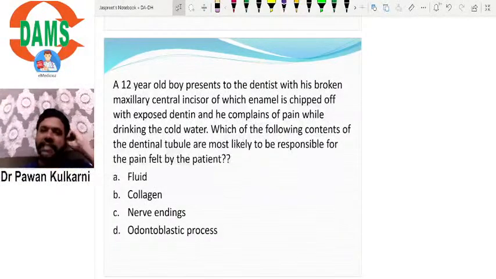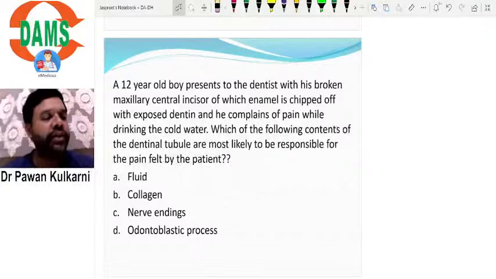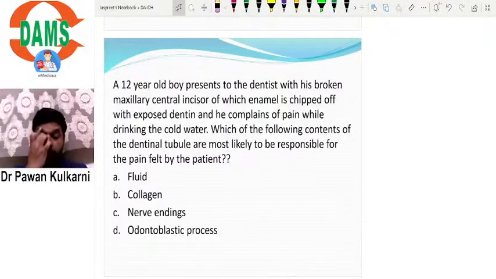Dentinal hypersensitivity is explained by three main theories: the direct nerve stimulation theory, the hydrodynamic theory, and the transduction theory. Among the three, the hydrodynamic theory is the most accepted. According to this theory, the dentinal fluid around the odontoblastic process will move. Because of this fluid movement, the nerve endings will be stimulated, which leads to pain.